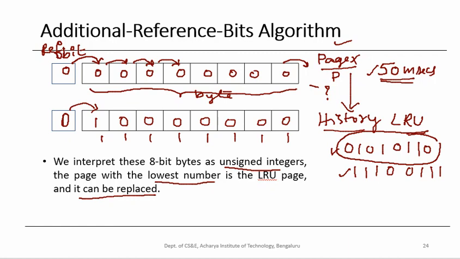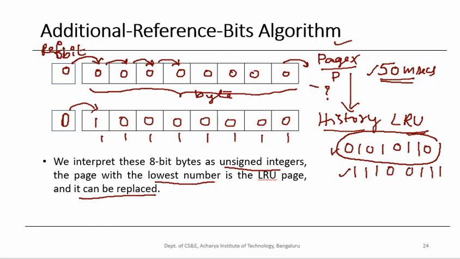I hope this is understood. We attach an 8-bit byte with every page that is present in the page table, and the value of the reference bit is shifted to the high order bit of this 8-bit byte, and the remaining bits are shifted right, and the least significant bit will go out of the register.